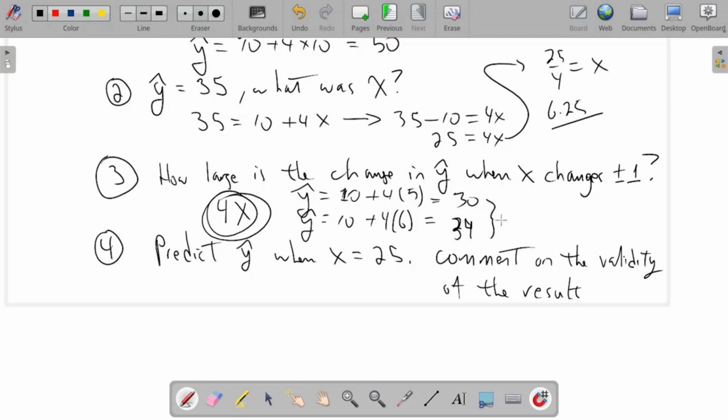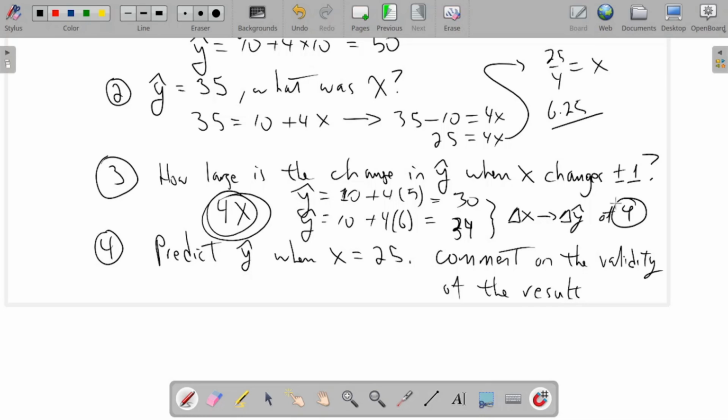So the change in x led to a change in y hat of 4 units. So you can do it either way. So for instance, if you were given the question, how much would the y value change if you increased x by 2? Well, 4 times 2 is 8, and that's what you would expect the y hat value to change by.